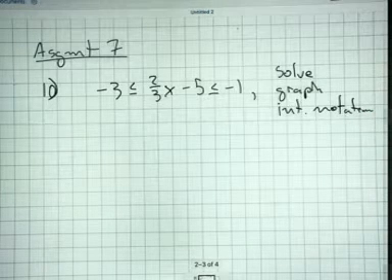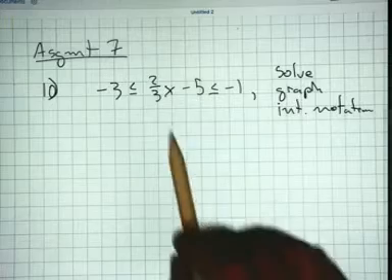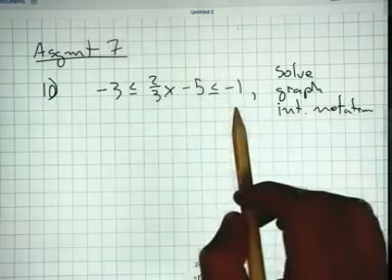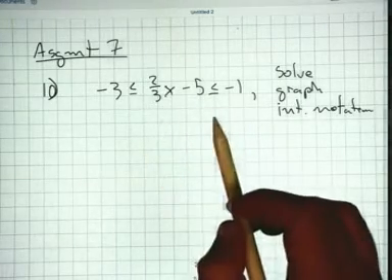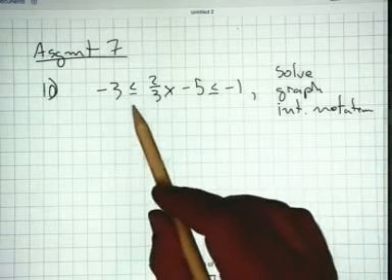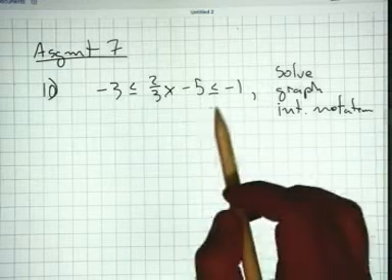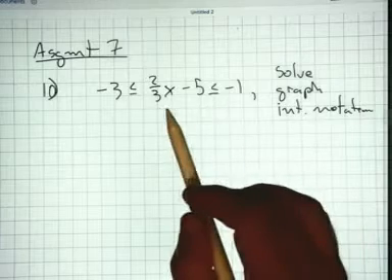Alright, so this is what's called a compound inequality. It's an inequality statement where you have 2 inequality symbols.